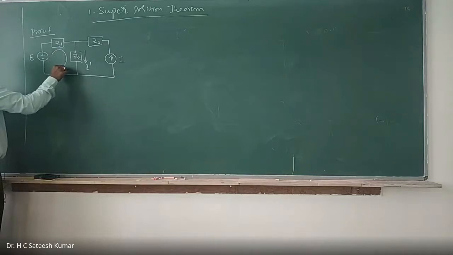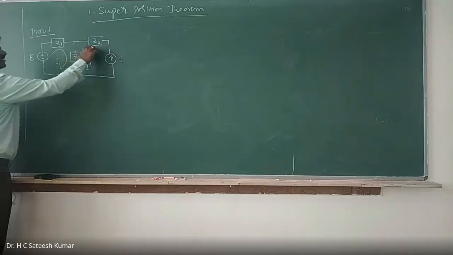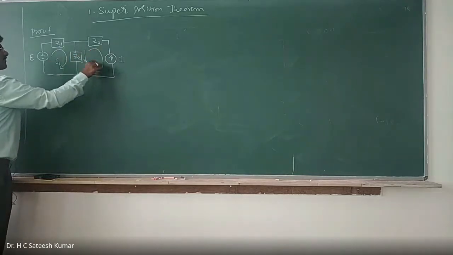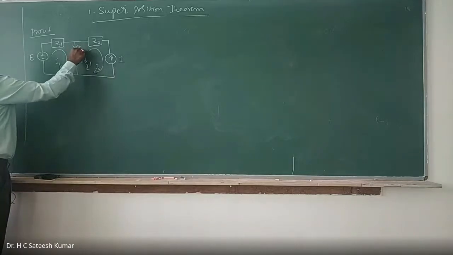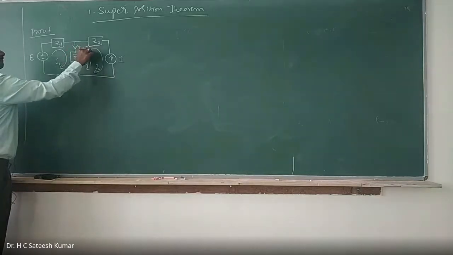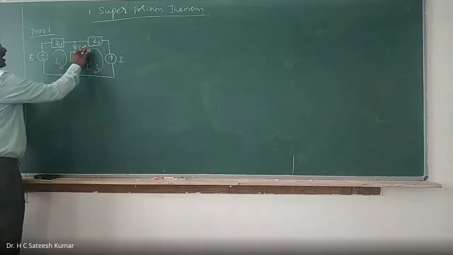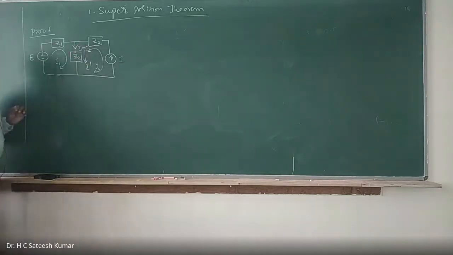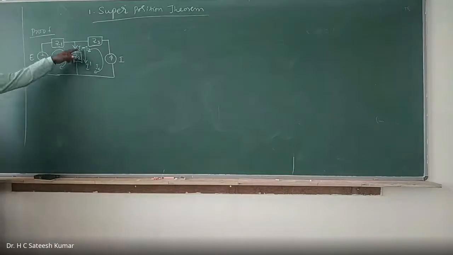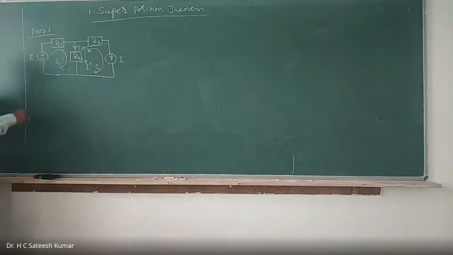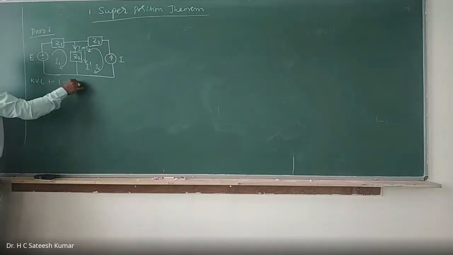Let us say this is I1, this is I2. This current is nothing but I1 minus I2, sorry. Now I dash is nothing but I1 minus I2 we can write. So apply KVL to loop 1. What is that we have?